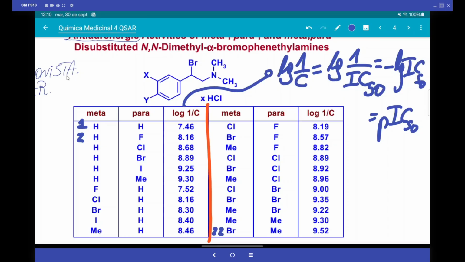The least IC50 or the greatest? What happens is that the least IC50 is the greatest pIC50, and therefore the most powerful.